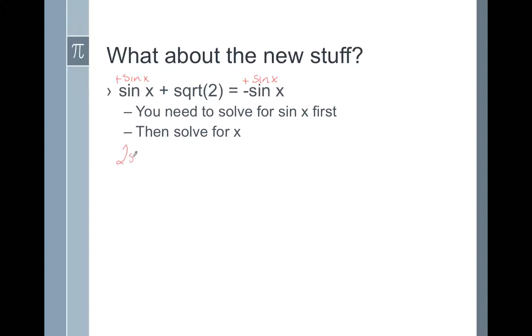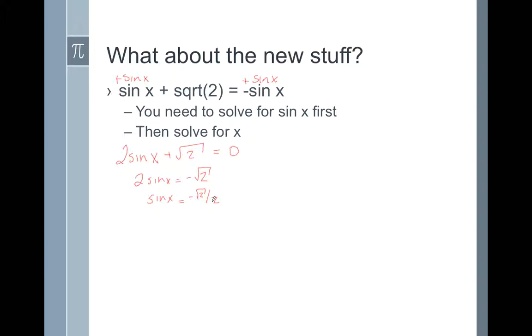So I get 2 times the sine of x plus the square root of 2 is equal to 0. I get 2 sine of x is equal to negative root 2, which means sine of x is equal to negative square root of 2 over 2.